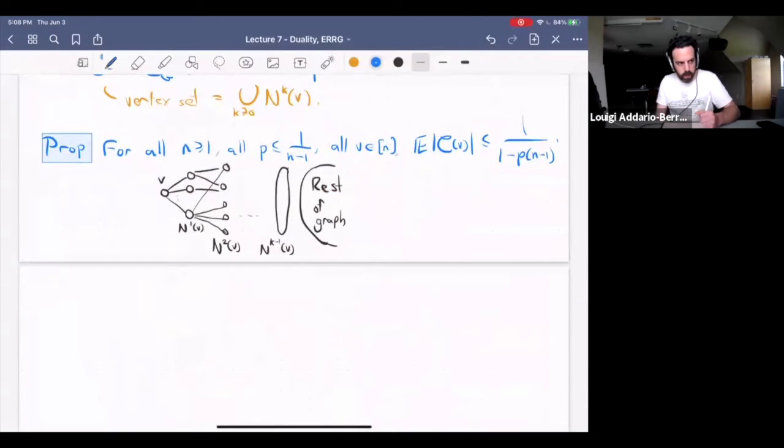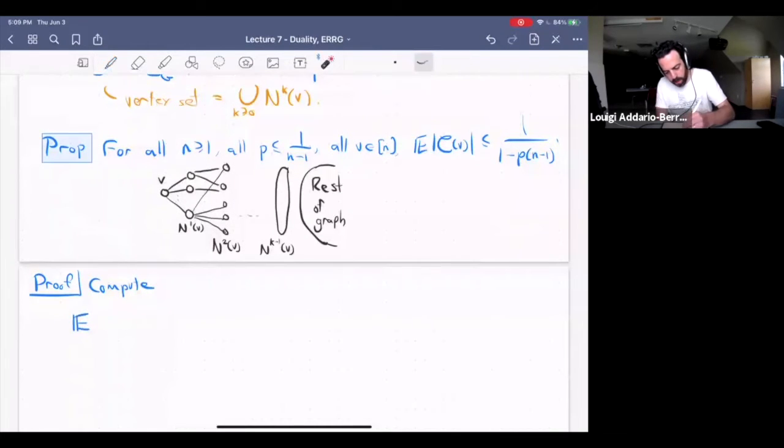So let's compute. Let's imagine that we've been revealing the graph layer by layer. What are the neighbors of the vertex v?